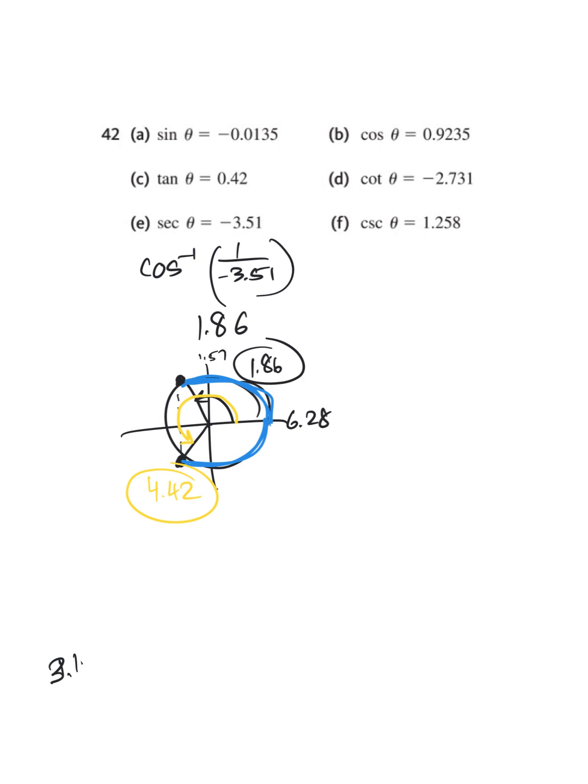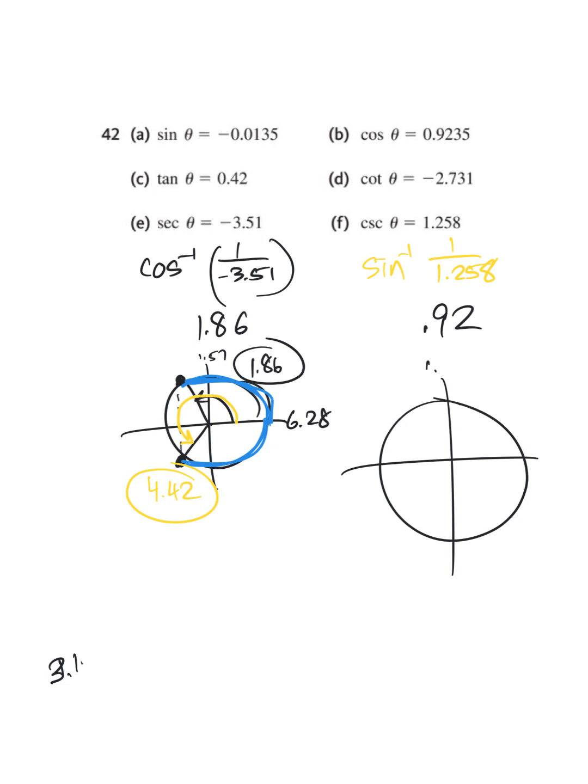Now F is the sine, 1 over sine, so let's do the arc sine of 1 over 1.258. 1 divided by 1.258 is 0.7949, so take the arc sine of that, and you get 0.92. Again, the top of the unit circle is 1.57, so 0.92 is about right there. So this distance, radian measurement, is 0.92.